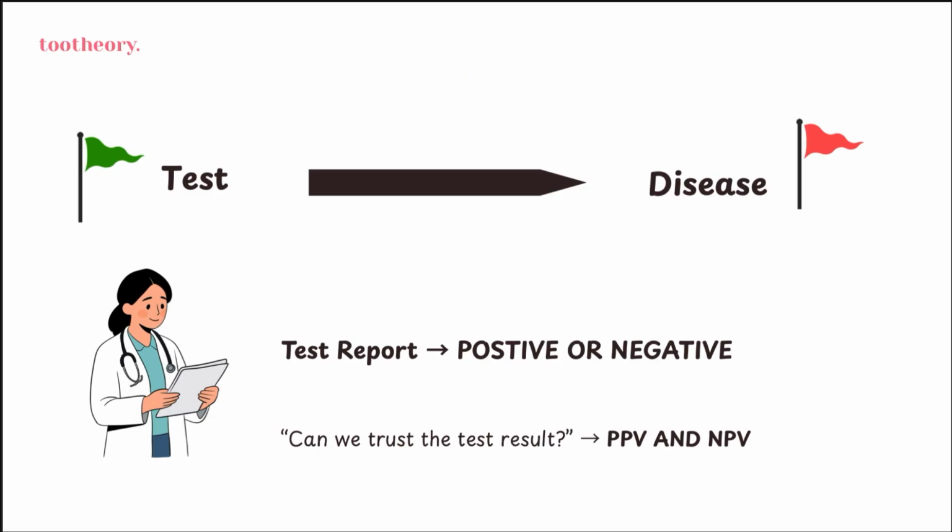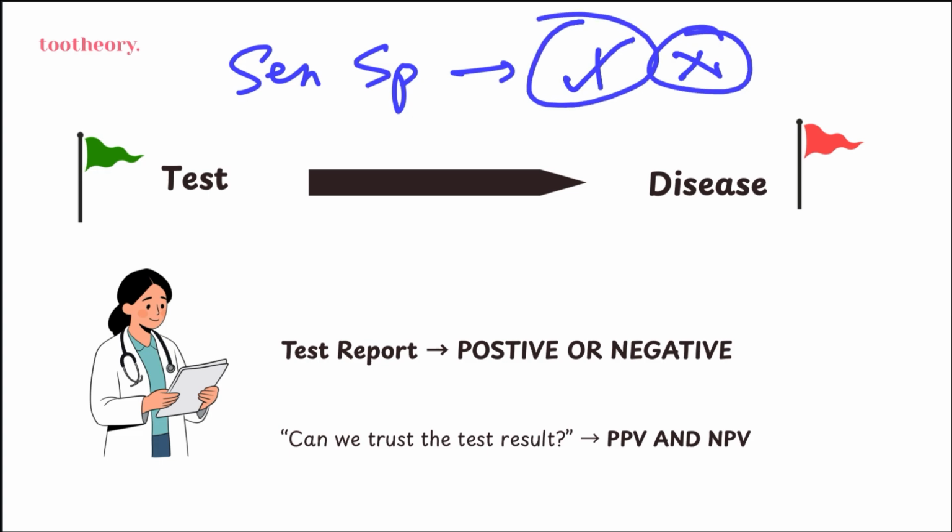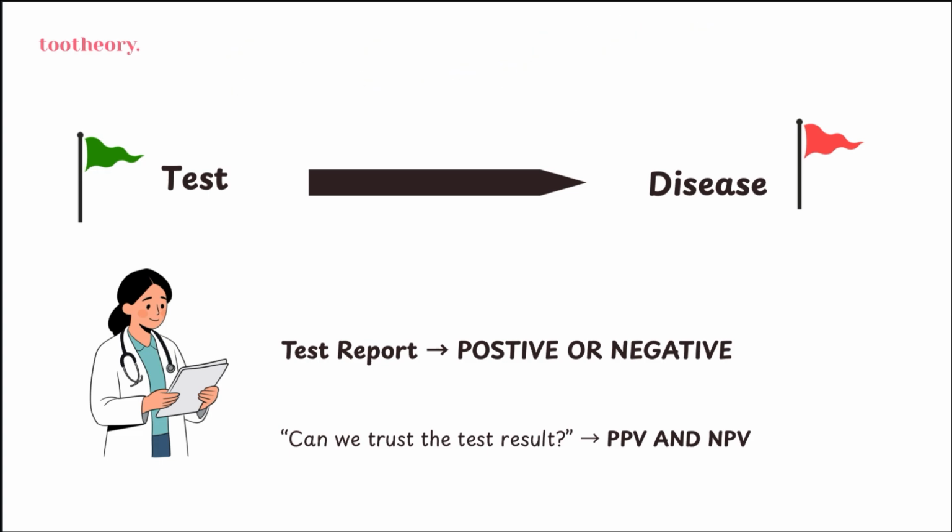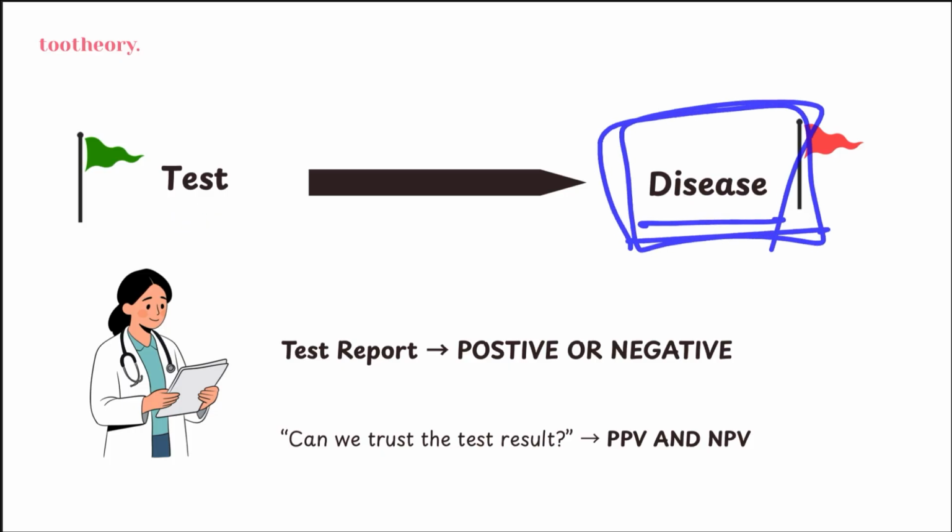And in sensitivity and specificity, we were very sure that the patient had or did not have the disease, and we used to check if the test is doing well enough to identify that. But here we have the test which either has a positive or negative report, and now we are checking if the test is correctly telling us whether the patient has the disease or not, right?